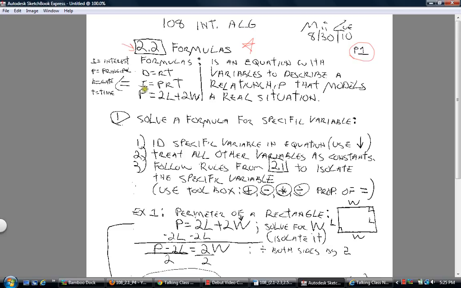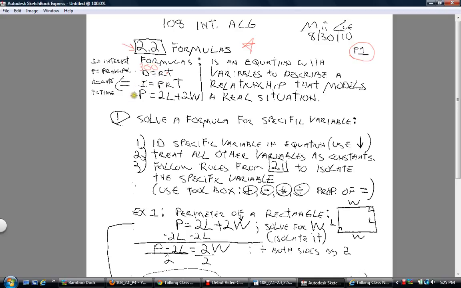A couple examples of formulas we're going to work with is distance equals rate times time. And you intuitively know this when you get in your car, and if you're driving 75 miles an hour on I-84 eastbound towards Jackson, you leave Boise and go for 2 hours, 75 miles per hour times 2 hours gives you a total of 300 miles you would cover.